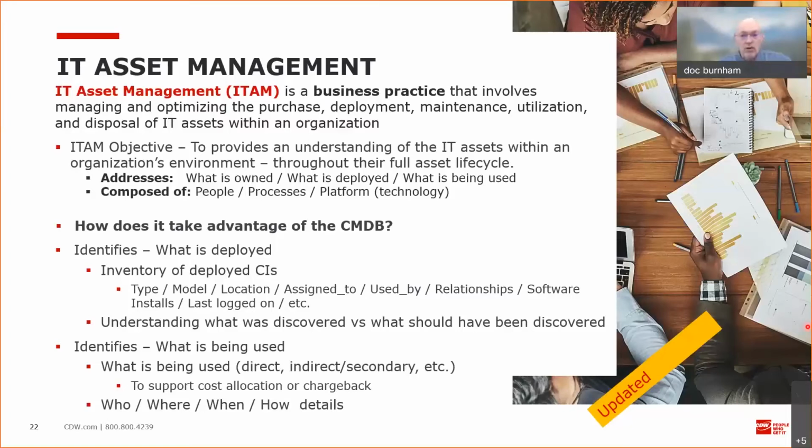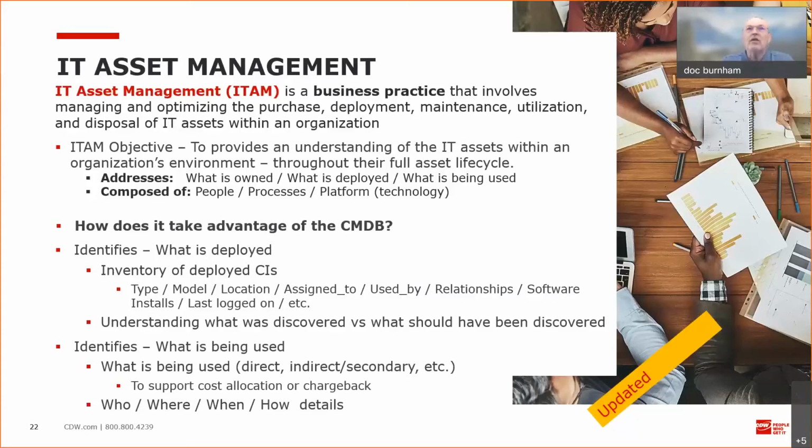Some of this we do because asset management is constantly updated on how we do different things, especially with HAM Pro and SAM Pro out there. But the same objective is out there. How do we know what our assets are throughout their life cycle? From that perspective, we want to address, what do we own?